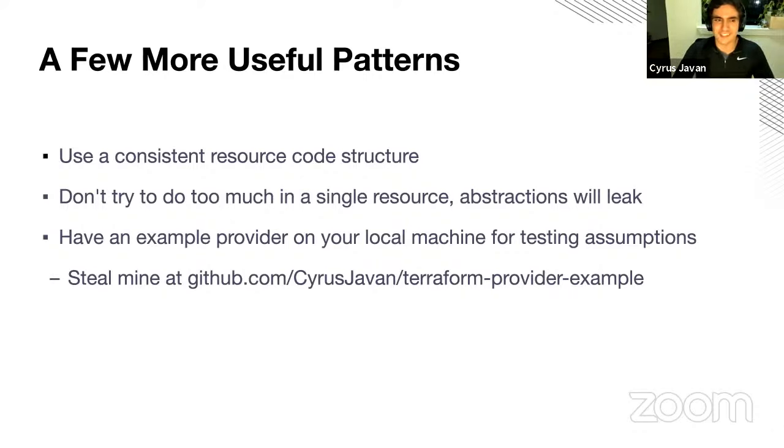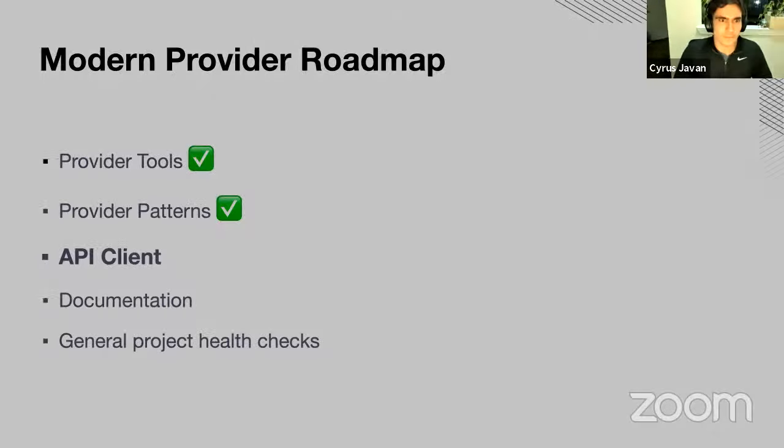And so really the key is to try to match your upstream API as close as you can, or else you'll have some abstractions that will end up leaking out on you. Also, another thing is to have an example provider on your local machine for testing your assumptions. You could steal mine, and it's really nice to have an example provider nearby to test out if the SDK is behaving like you think it would.